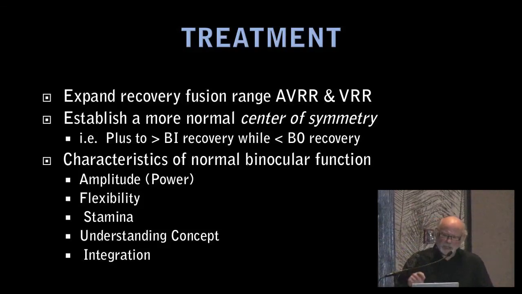Treatment: establish the recovery fusion range, and span that. Span the recovery range of the associated divergence ranges and the classic divergence ranges. Establish a more normal center of symmetry.